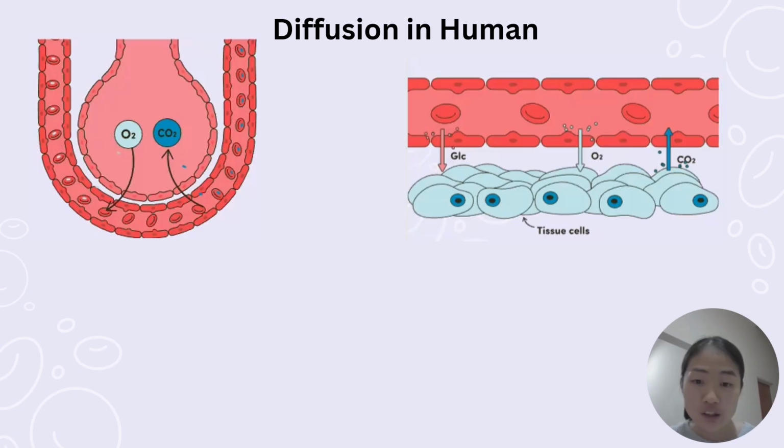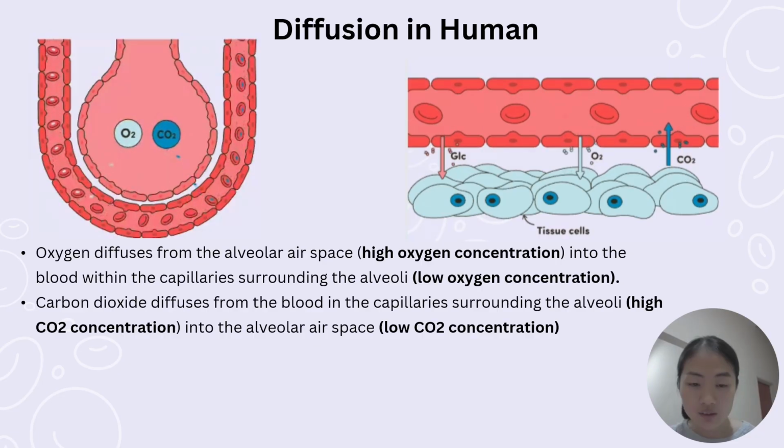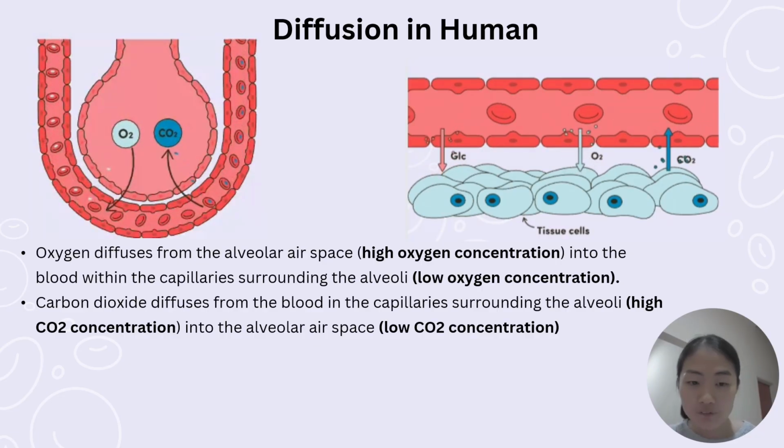Let's talk about diffusion in humans. Imagine that when we breathe in air, the oxygen will enter from the nostril to the trachea, get into the bronchus and enter our alveolus. Inside the alveolus there is always a very high concentration of oxygen.